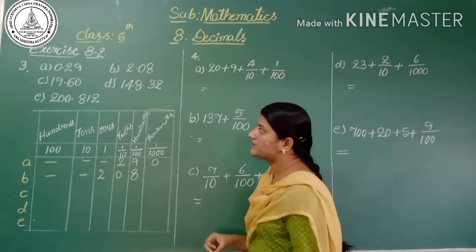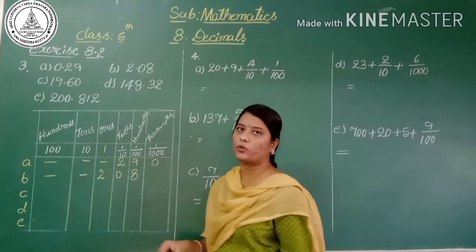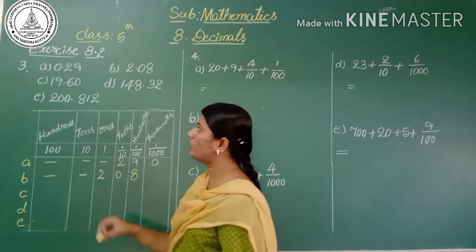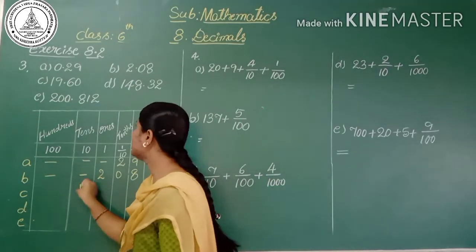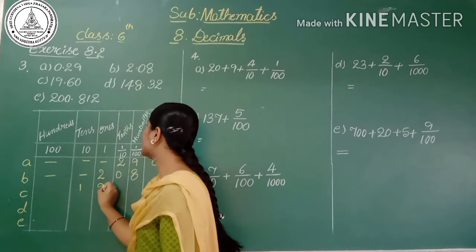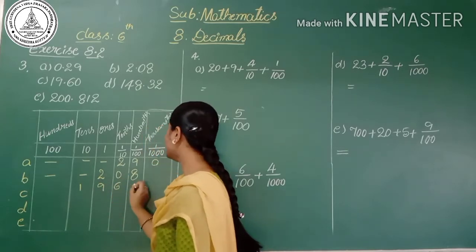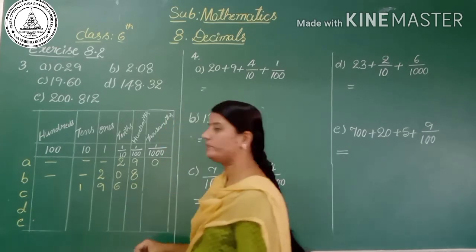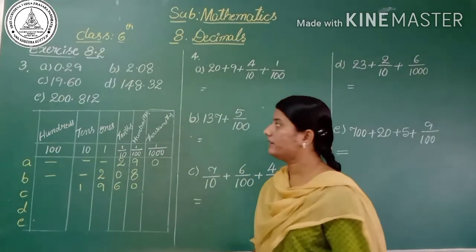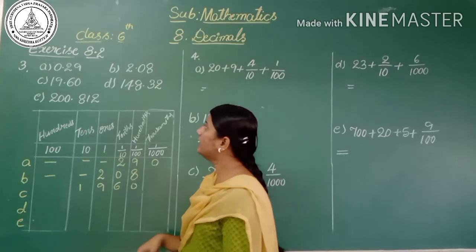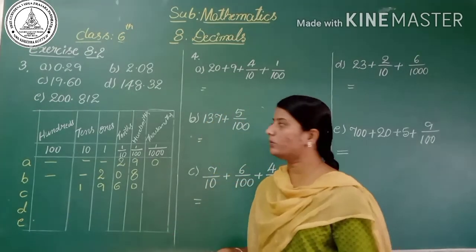Then C: 19.60. 1 is in the tens place, 9 is in the ones place, 6 is in the tenths place, and 0 is in the hundredths place. Then D: 148.32.